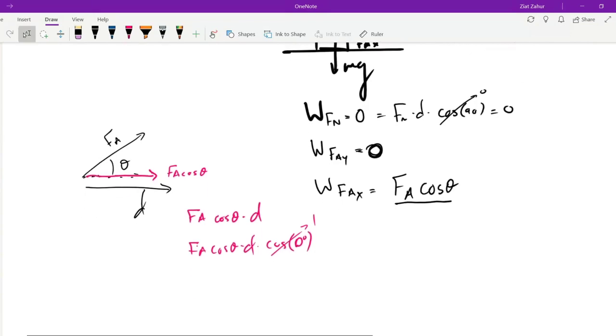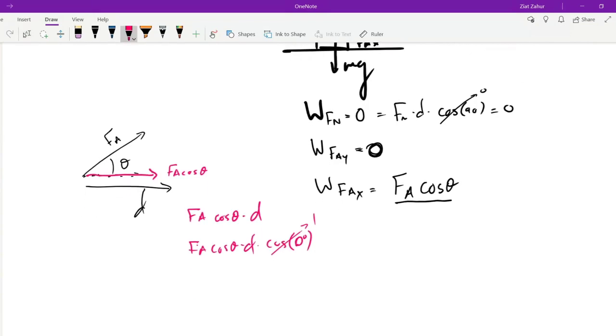Hence when you have vectors that are parallel to each other like FAX and d, and you take the dot product of parallel vectors, you get just the product of the magnitudes, because the cosine will give you 1. Okay, so only this thing is doing work.